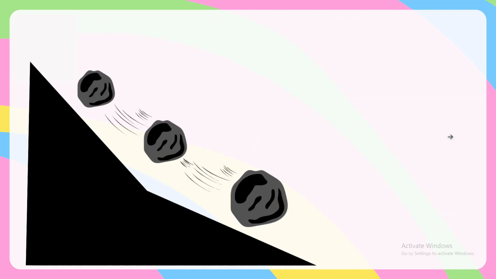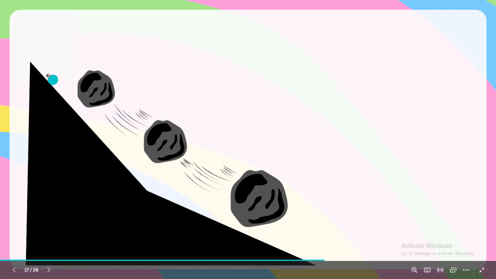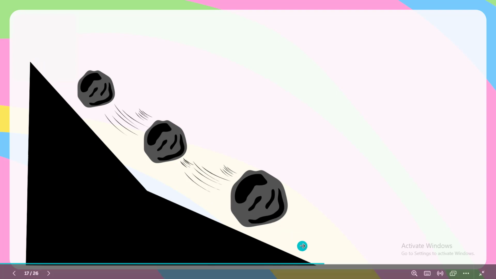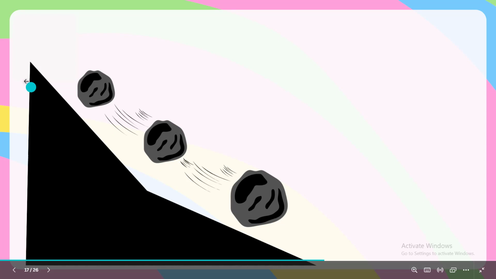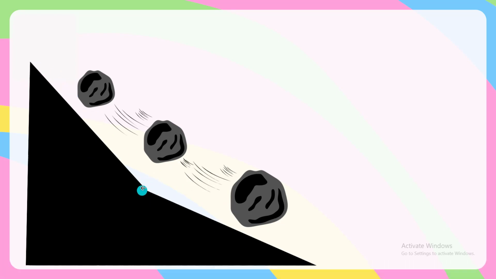Now you just see in this picture, both the gradients are downhill. Here also down and down. So negative gradient. But the gradient from this point to this point is different, and from this point to this point is different. So this is not a straight line. It has two different gradients in this picture.